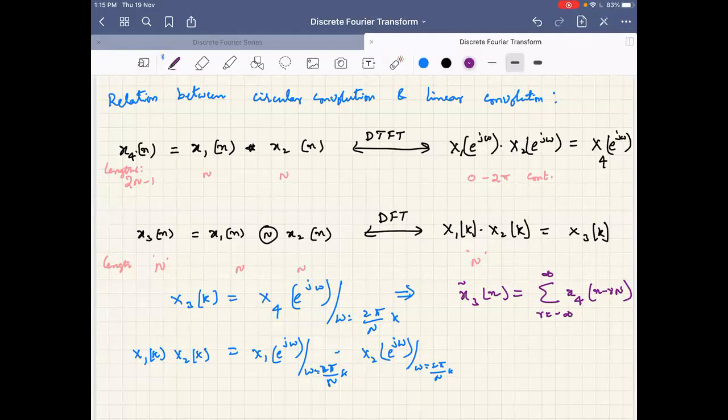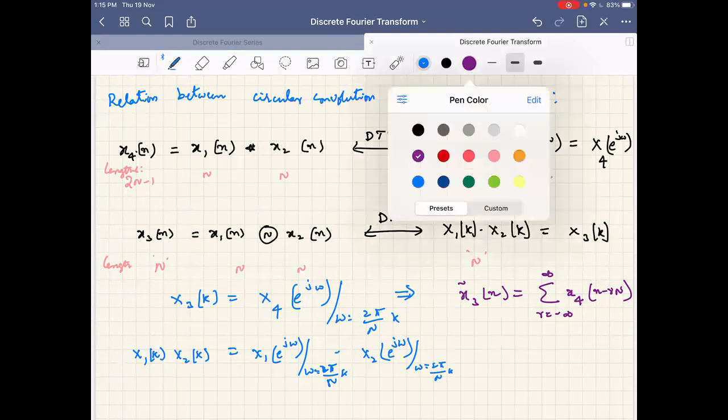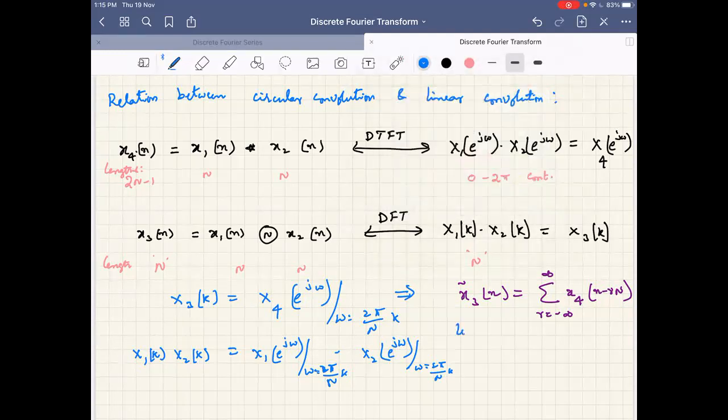The period of this is N, since it is a periodic signal, and the length of x4 of n is 2N minus 1, that is, M equal to 2N minus 1.